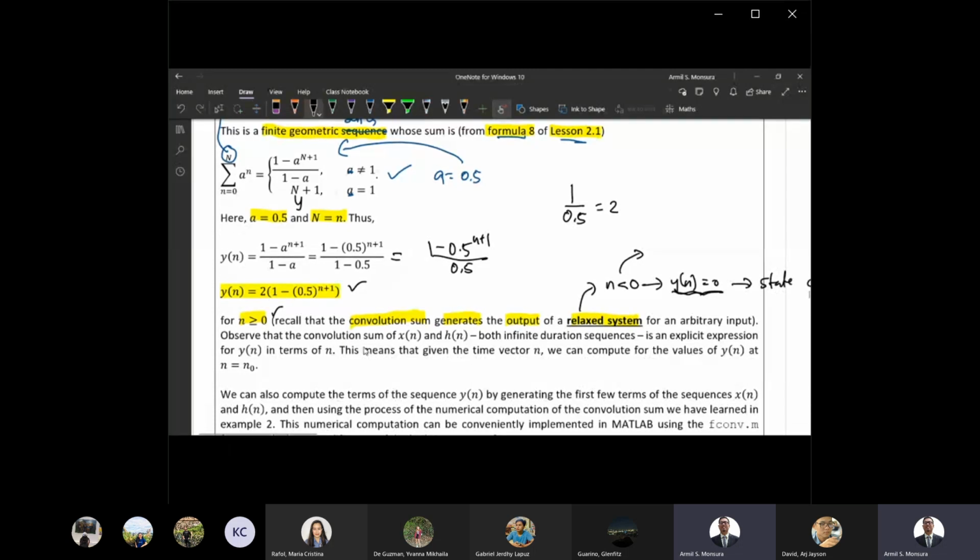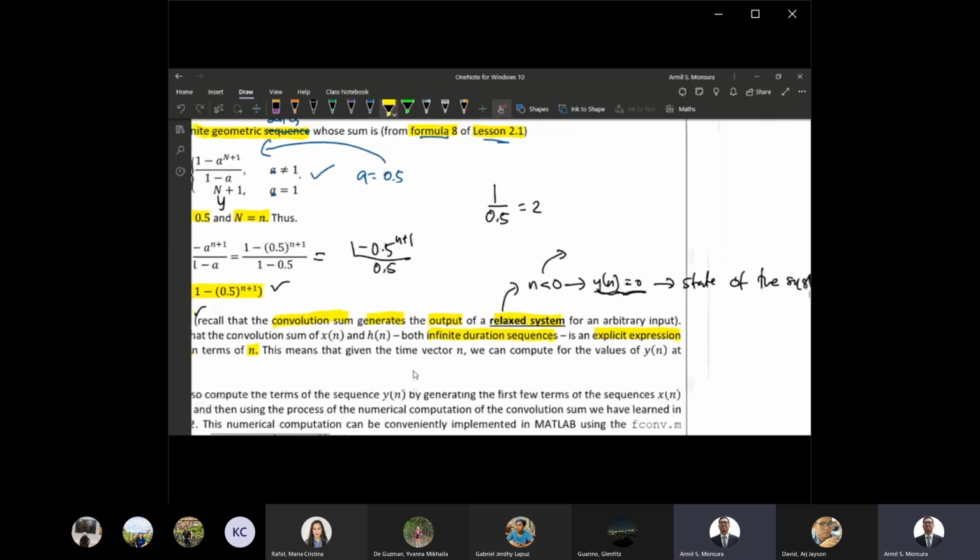So ngayon, pansinin natin na yung convolution sum ng infinite duration sequences is an explicit expression for y of n in terms of n.